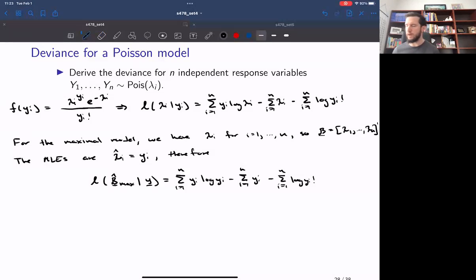I couldn't do n times lambda i anyway, because the lambda i's are all different, so it should be a sum, not a little n. If the lambda was constant, then we could write n times lambda.